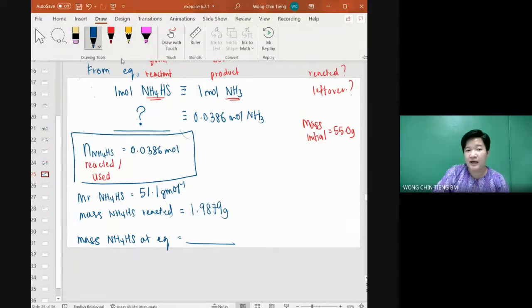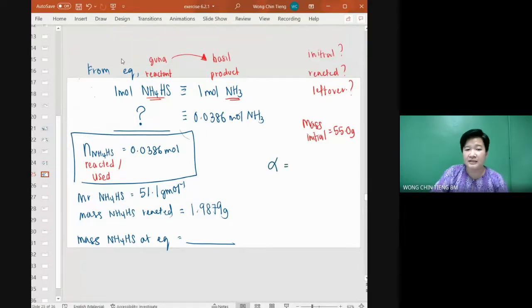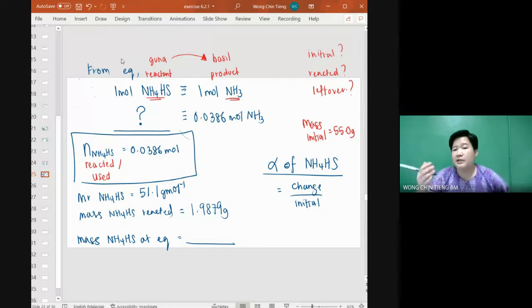And for today, our degree of dissociation is for your reactant NH4HS. And if you remember, the degree of dissociation formula is change over initial. And the change and initial can be in mole, concentration, pressure, or mass.